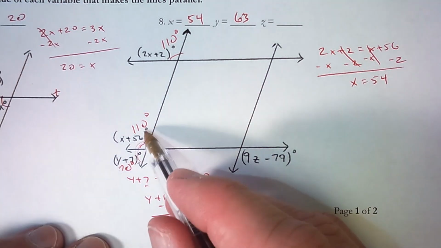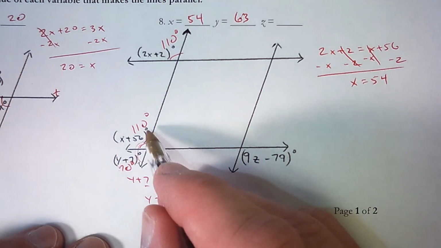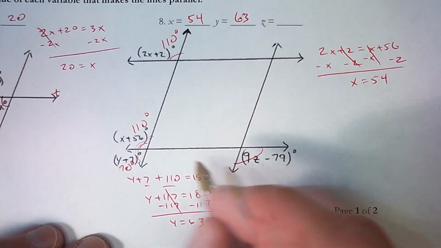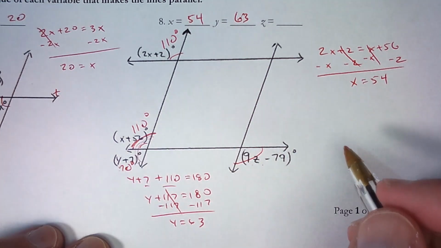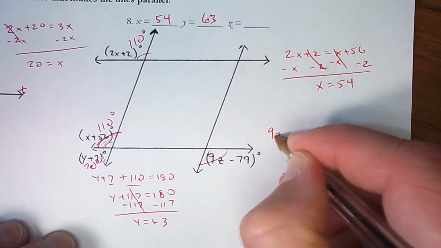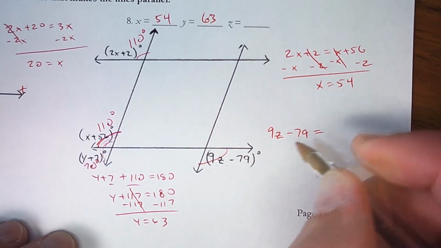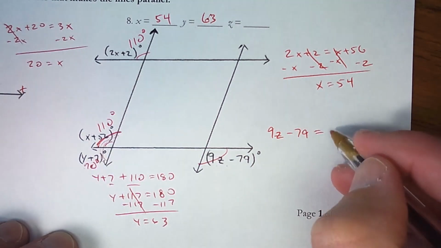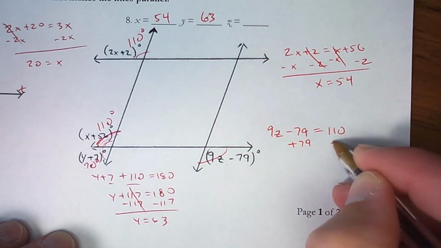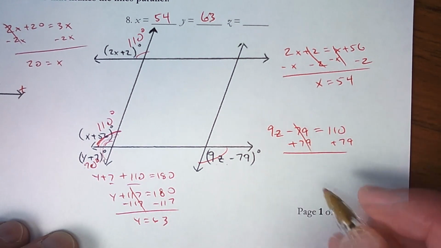Okay, then I also have a pair of alternate exteriors. These must be congruent. So this angle must be congruent to this angle. So that means that 9z minus 79 must be equal to 110 degrees. So I'll add 79.